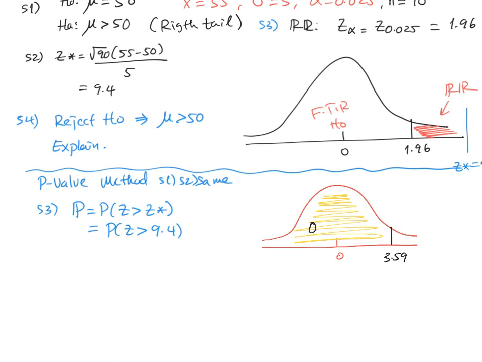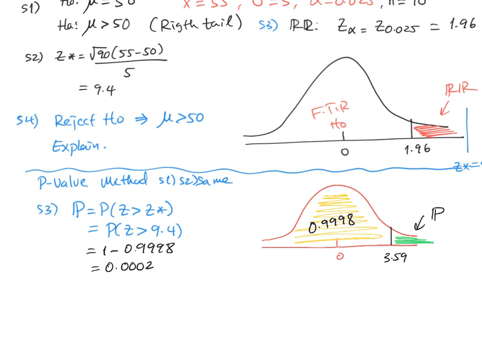It's always what? 0.9998. So what do you think that means? That after 3.59, it doesn't matter, okay? So now what we want is this area. How will we find that? This will be 1 minus 0.9998, which would be 0.0002. And that's what we call the p-value.